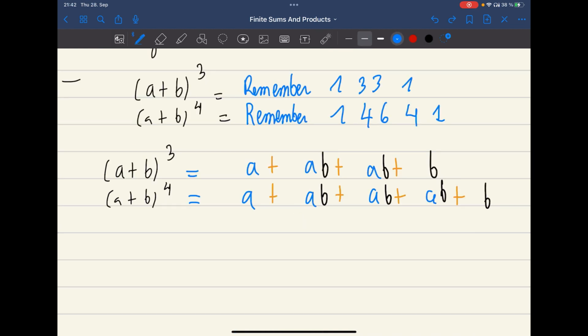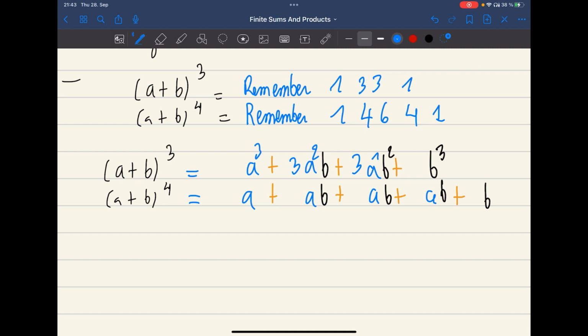How do we use it? Live demonstration. (a + b) to the power of 3. 1, 3, 3, 1. a to the power of 3, a squared, a to the power of 1. And the other way around: b to the power of 1, b to the power of 2, b to the power of 3.